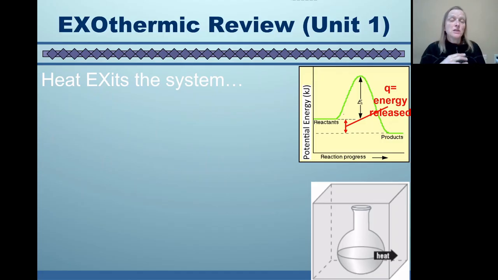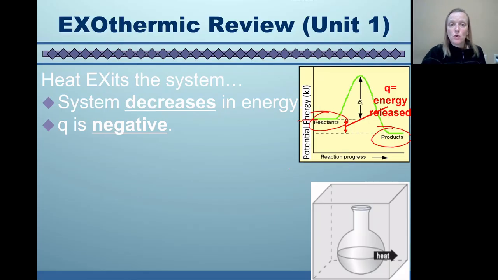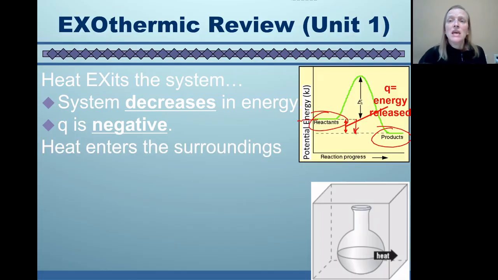On the other hand, for an exothermic reaction, heat is exiting the system, exiting the chemicals. So you can see here that the system decreases in energy. The reactants are at a higher energy level than the products. So the Q value is negative because this change from reactants to products has gone down. Heat cannot be created or destroyed.